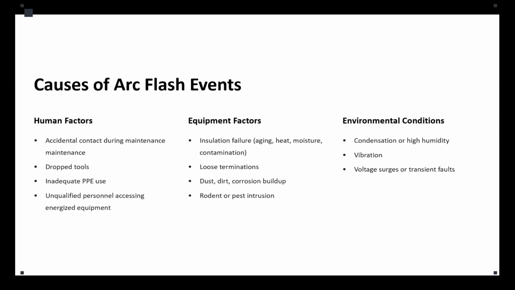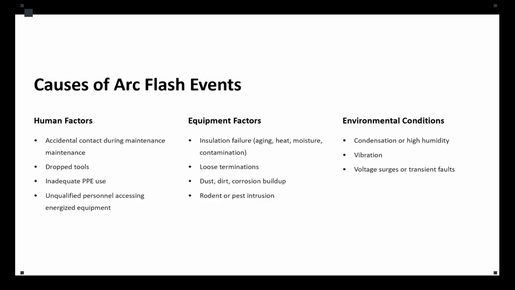A small rodent bridging terminals can cause a massive arc flash, with a severe risk from both the arc and the resulting plasma as the creature's body vaporizes. That's why routine maintenance, infrared inspections, torque checks, and proper sealing are essential when we talk about arc flash events.